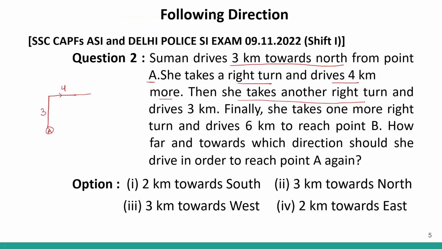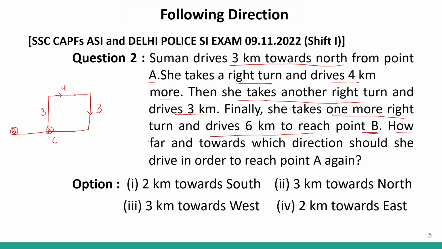Then she takes another right turn and drives 3 kilometers. So right will be this direction and she drives for 3 kilometers. Finally, she takes one more right. So one more right will be in this direction, and drives 6 kilometers from here to reach a point B.